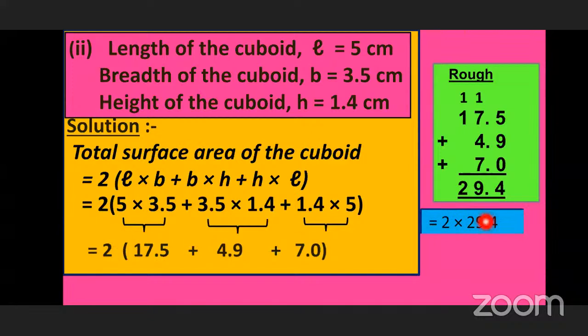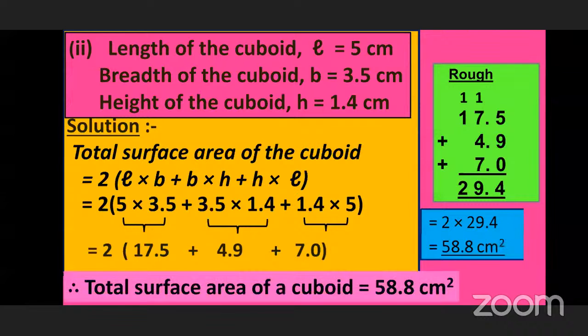So 2 times 29.4, the answer of which is 58.8 square centimeter. Therefore, the total surface area of the cuboid with length 5 centimeter, breadth 3.5 centimeter and height 1.4 centimeter is 58.8 square centimeter.